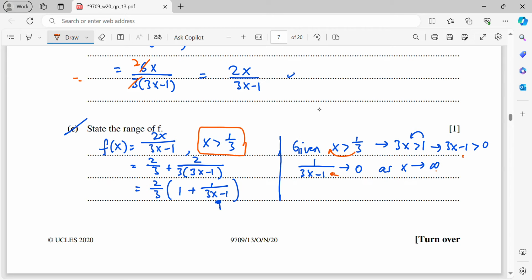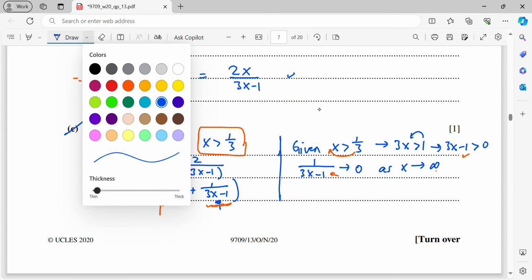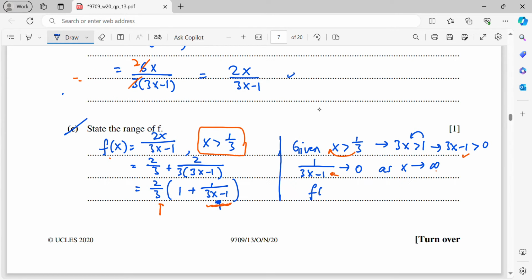Because the denominator is positive and the numerator is positive 1. Therefore, it will be approaching 0. So when this approaches 0, that means your f(x) will be approaching 2 over 3 times 1.